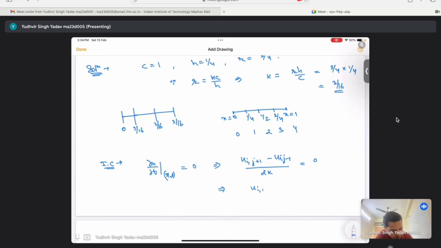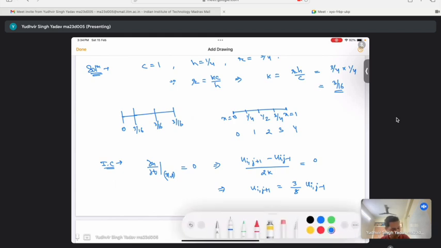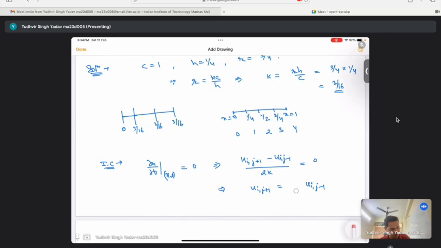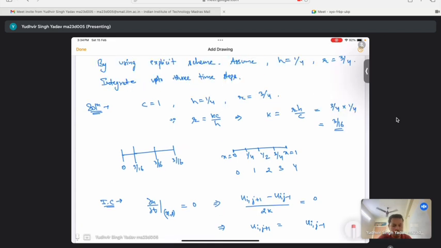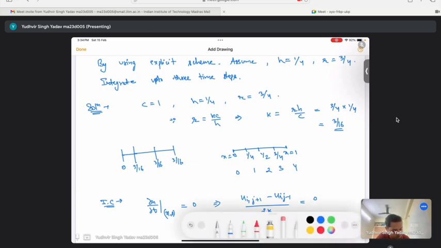So here we will get u(i,j+1) equals 2 times k, which will be 3 by 8, times... sorry, it will become 0 by multiplying to that side. So we will be left with u(i,j+1) equals u(i,j-1).